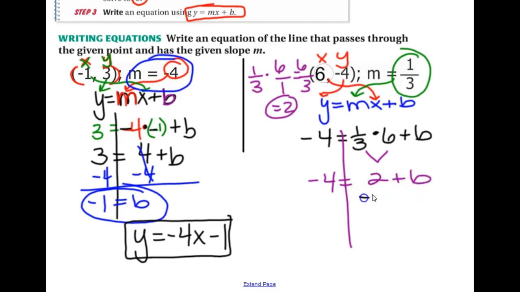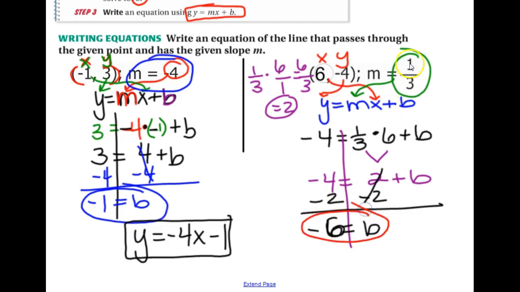And we want b all by itself, so I'm going to subtract 2. -4 and another -2, they're all negative, so it's a total of a -6 equals b. So now we have m, and we have b. We have both terms. So let's write our equation. y equals mx plus b, so m is 1/3 x. Plus b, or in this case, minus b, -6.